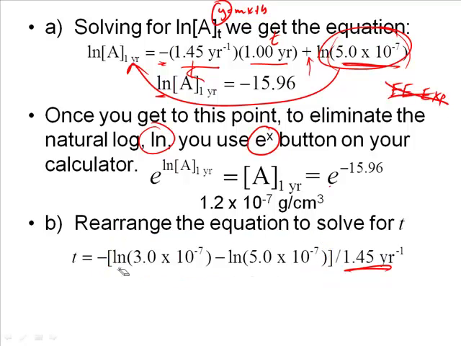Try this yourself and make sure you can do this on a calculator. We're going to take the natural log of 3 times 10 to the negative 7th minus the natural log of 5 times 10 to the negative 7th. We take the negative of that number, and then divide by 1.45. When we do that, you should get an answer of around 0.35. And again, the only units we have here are years.